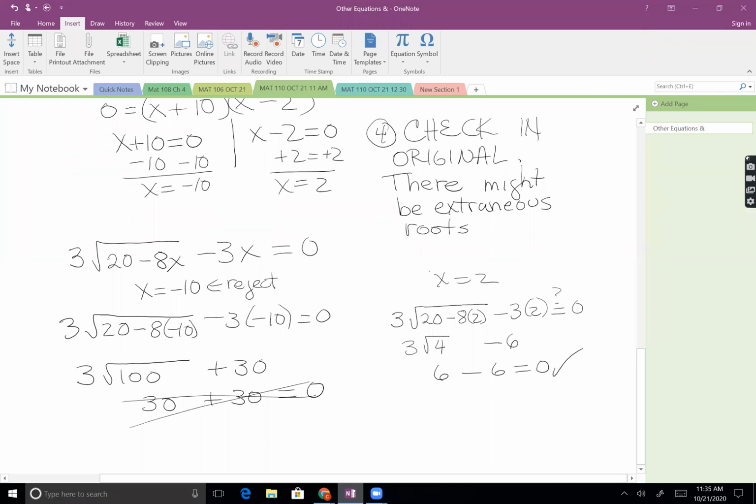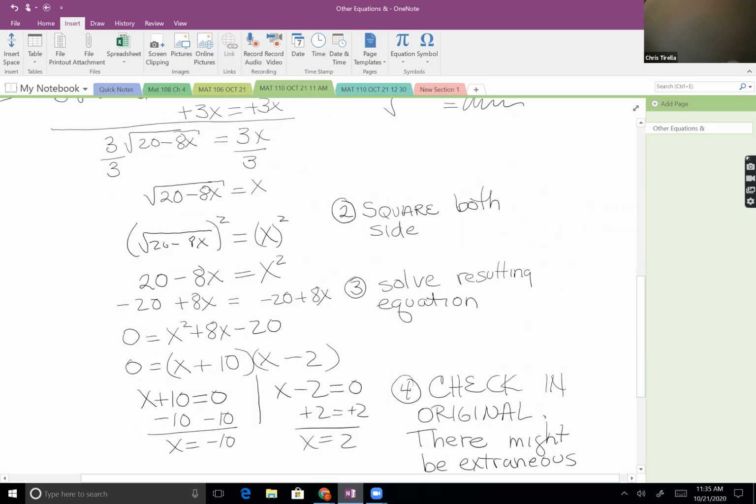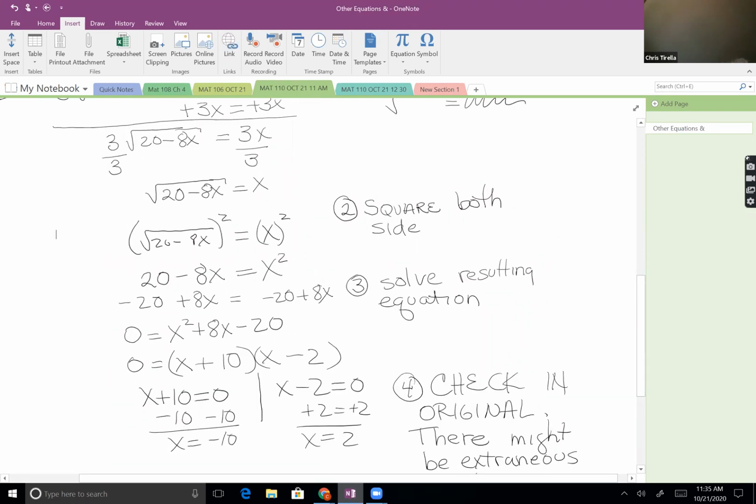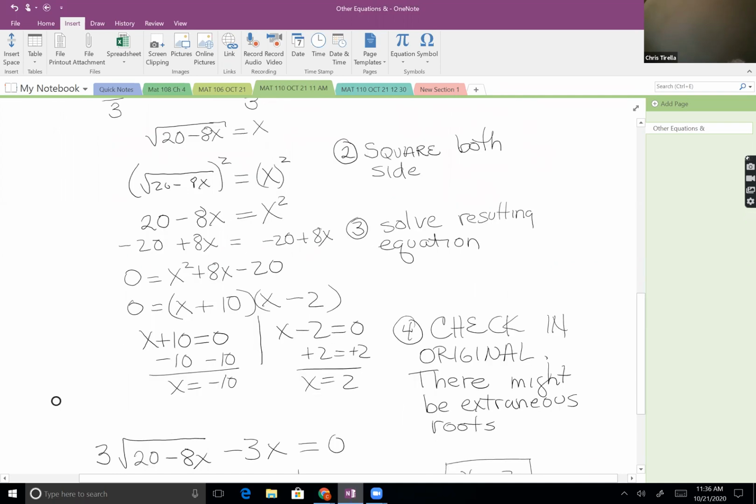Yes. And so we only have one solution. Do you see how with these, it's important to check? Because going way back, when I square both sides, I'm not real sure what I'm multiplying both sides by. And so it gives me the possibility of getting those extraneous roots.